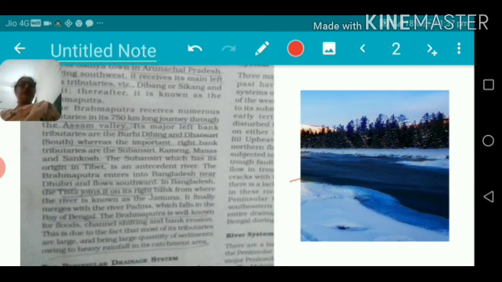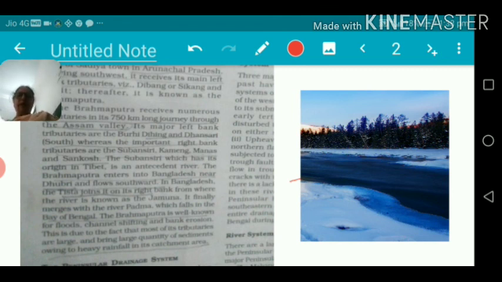In this way, this river starts from Mansarovar and falls into the Bay of Bengal, and from there it enters Bangladesh. Teesta river joins there, from where this river is known as Jamuna, not Yamuna, Jamuna. It finally merges with the river Padma, which falls in the Bay of Bengal.